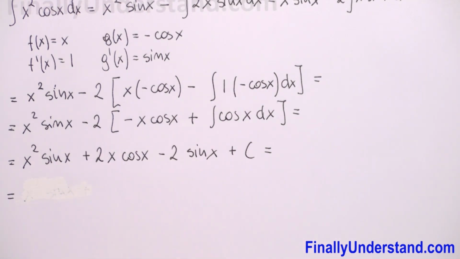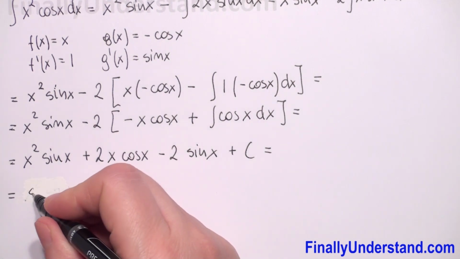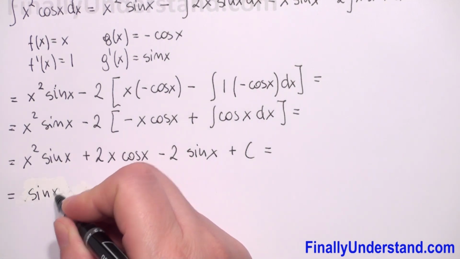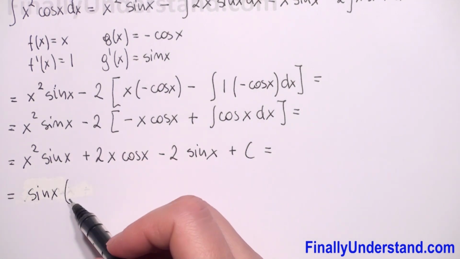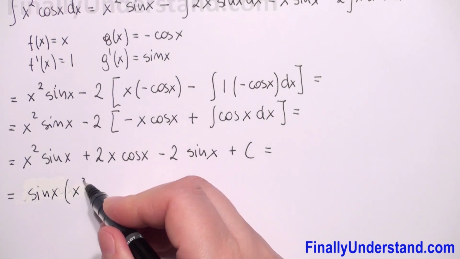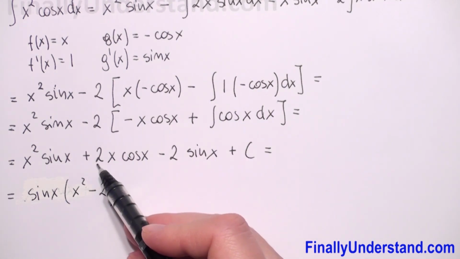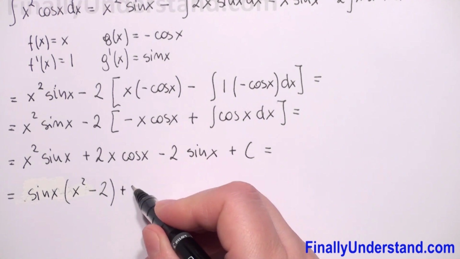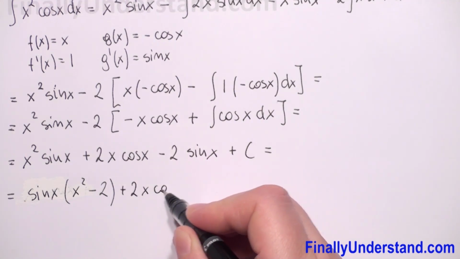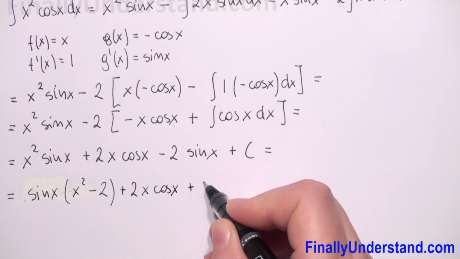So we can factorize sine of x, and we will have x squared minus 2, plus 2x cosine of x plus constant c.